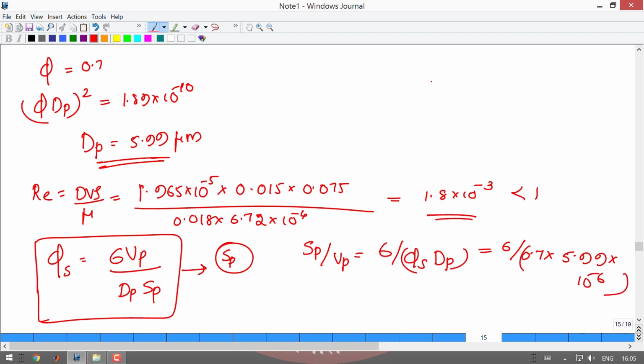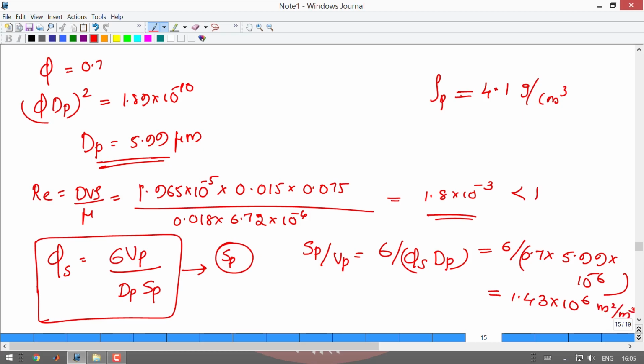In the question the density of the particle is given as 4.1 gram per centimeter cube. Here you will get the value as 1.43 into 10 raised to 6 meter square per meter cube.